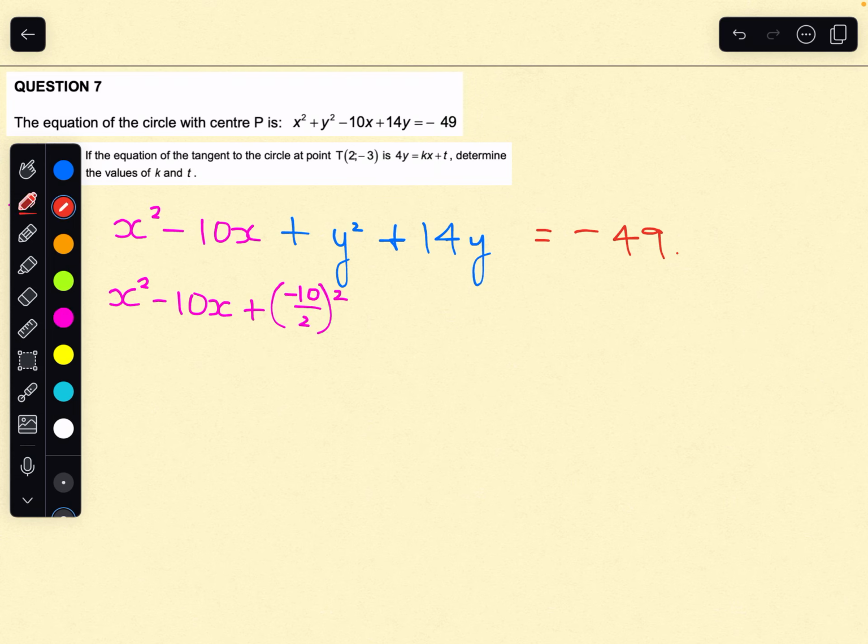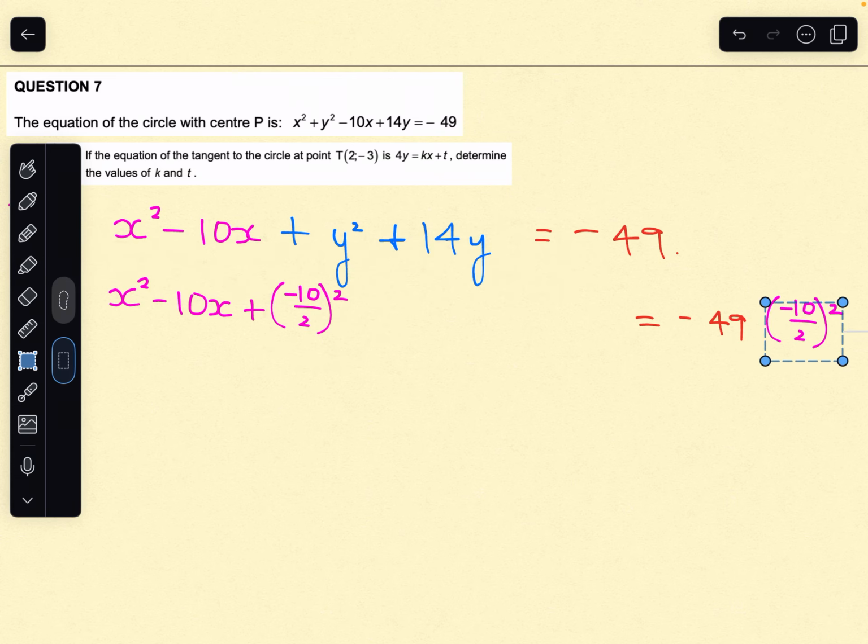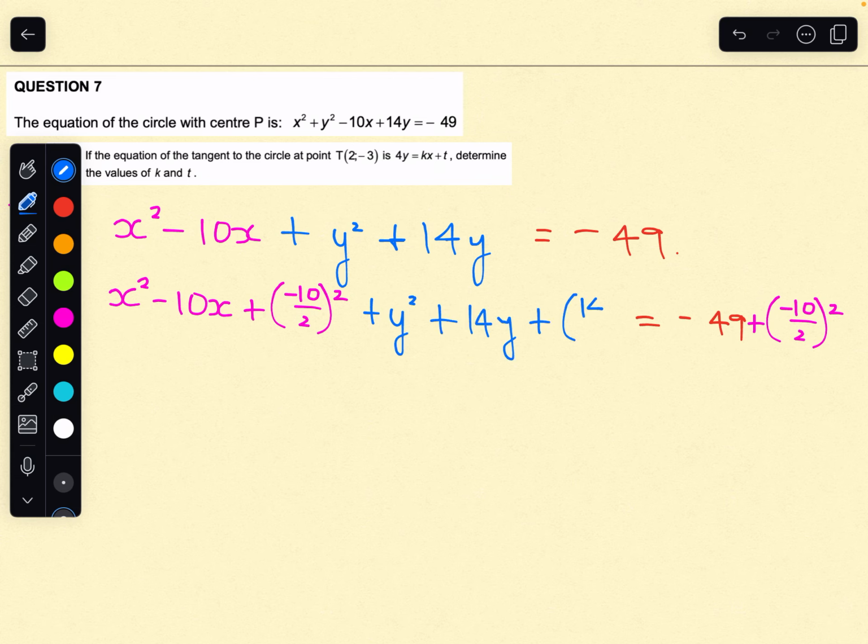Okay, so over here we've got our minus 49, and we are going to add the magic term on both sides so that we're not actually changing anything, we're just expressing it in a different way. Then over here we have our plus y squared plus 14y, and we add the magic term to the other side of the equation too.